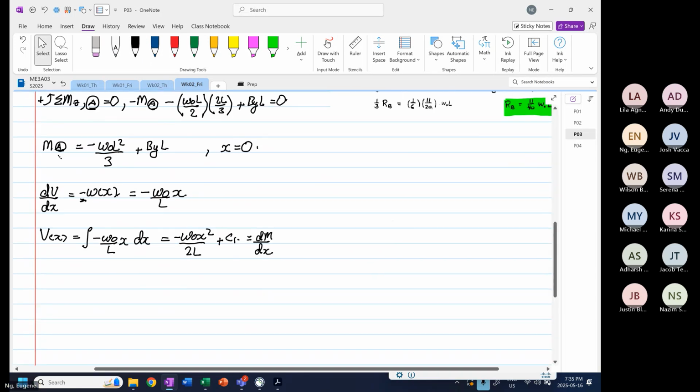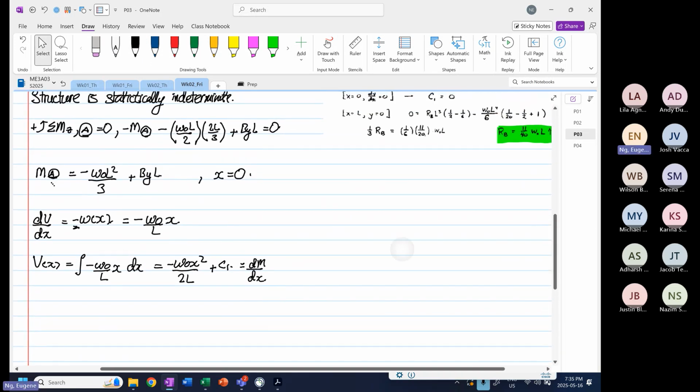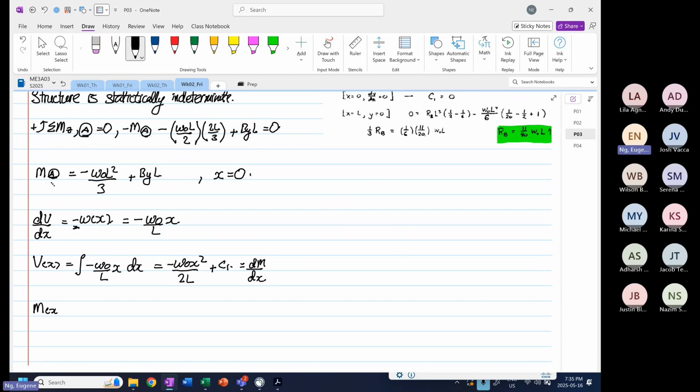So in this case, what we are going to do now is we are going to do M as a function of x and M at point A, and then this will be equal to integrate between 0 to x minus omega naught x squared over 2L plus C1.